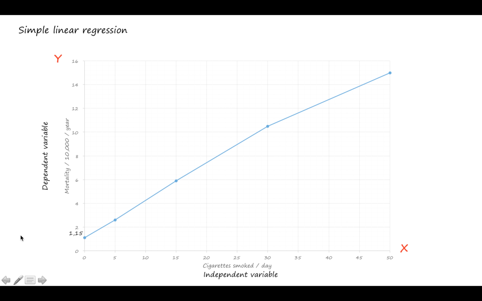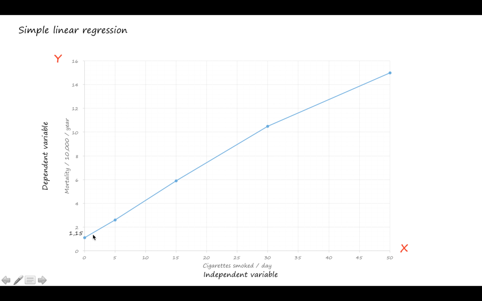So we can say that if we assume the number of cigarettes smoked is an independent variable and the mortality rate is a dependent variable, which is our assumption, or maybe it comes from previous studies, then we want to predict the mortality rate, our dependent variable, based on just one independent variable, the number of cigarettes smoked per day.